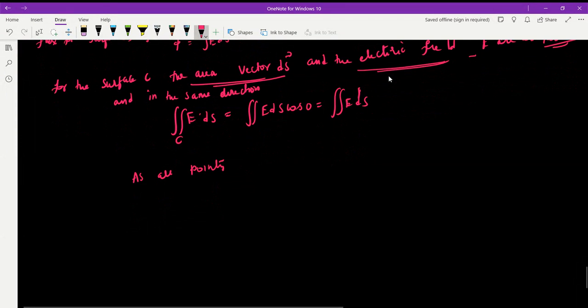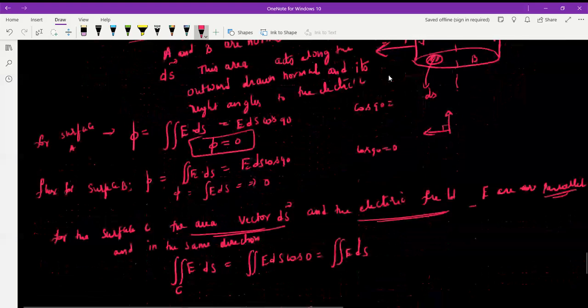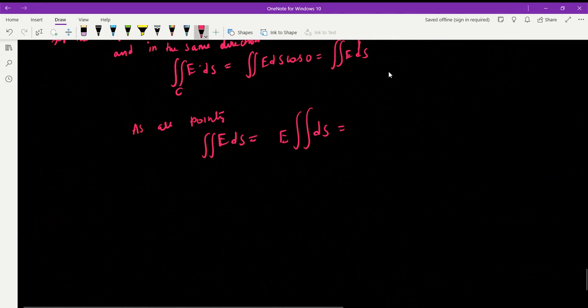So electric field at A is constant, so that is E ds. The surface area of a cylinder is 2 pi a h, so outside, the surface area is nothing but 2 pi a h.